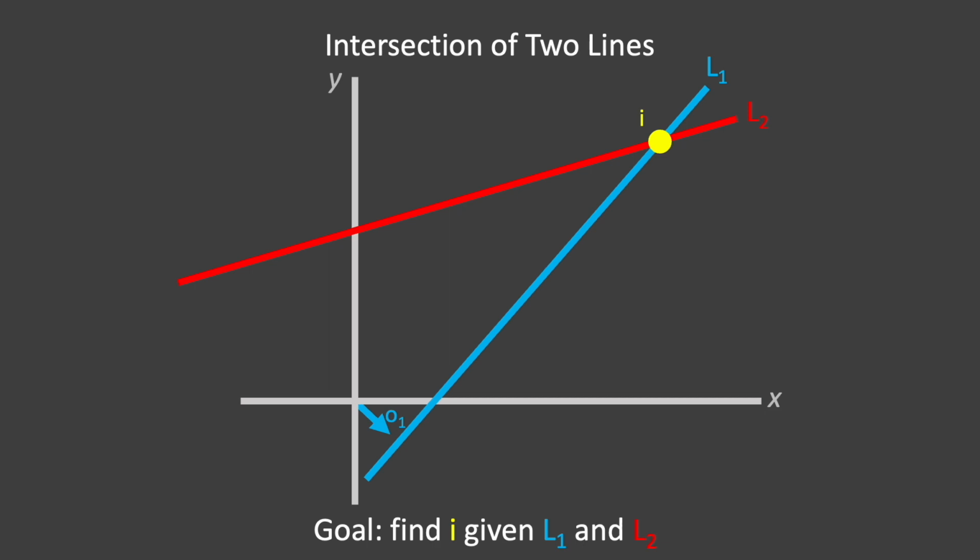And then we have l1, lowercase l1, I must say, which is the length from the origin to the line L1 along this direction of O1. And we also have these same attributes of the line L2 as I mentioned previously. Cool. Well, let's get to solving.